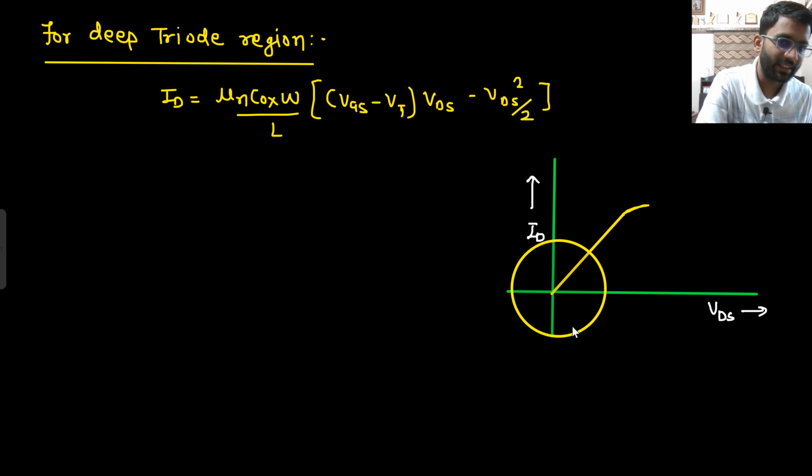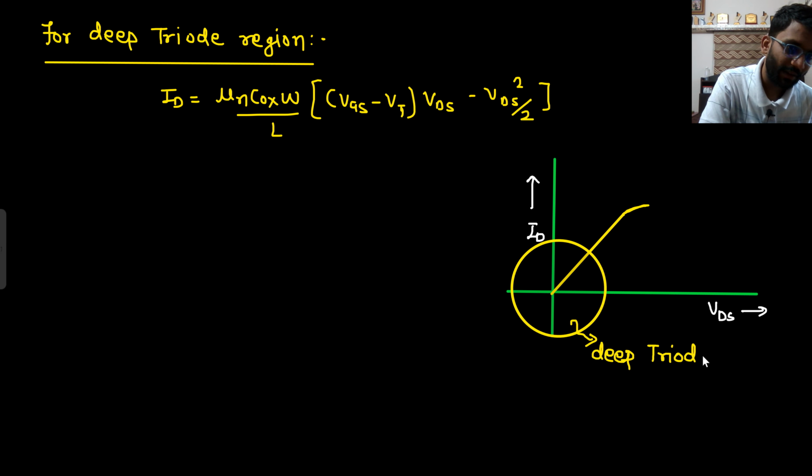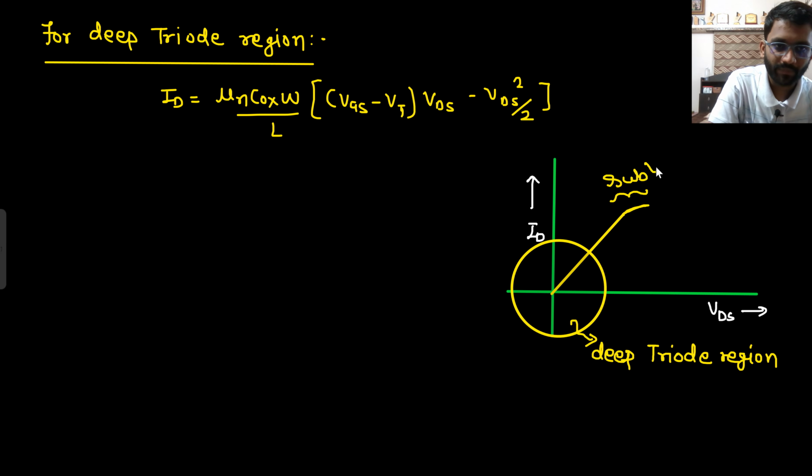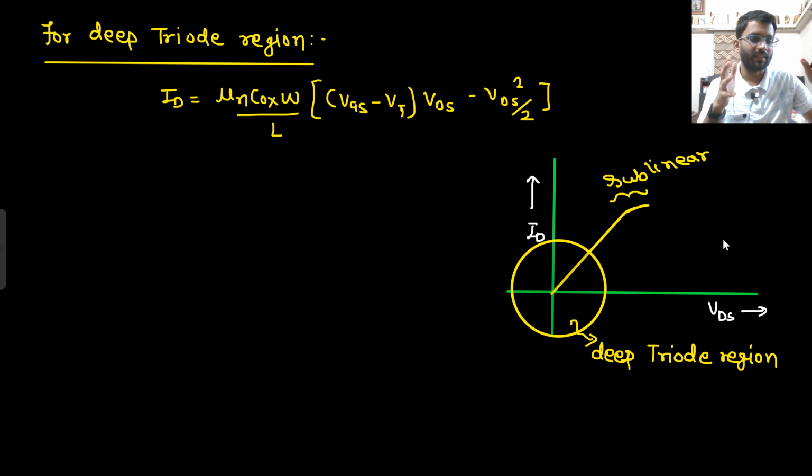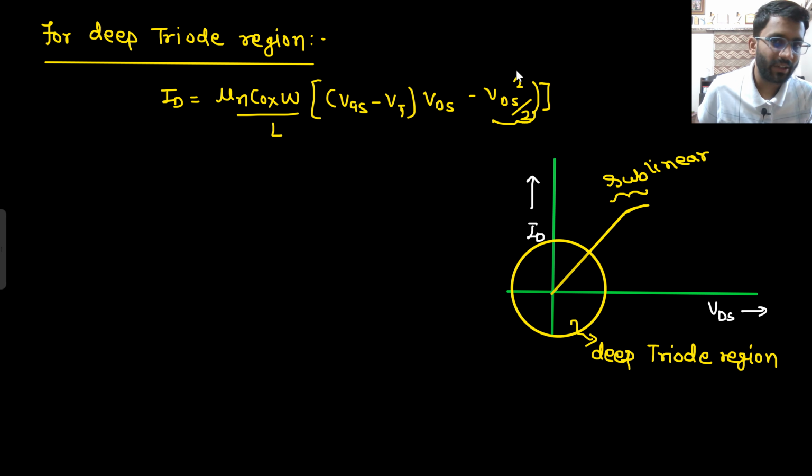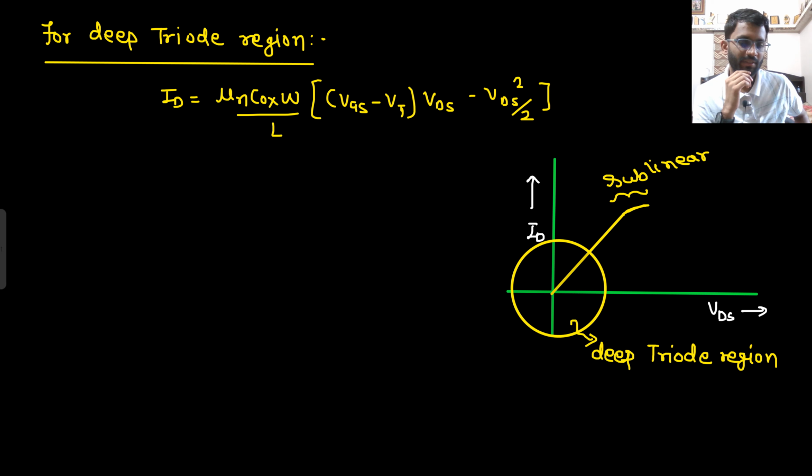So we call this region the deep triode region, and this region is known as sublinear. This is not completely linear, this is sublinear. Here VDS square will be coming into action. Are you getting this point?